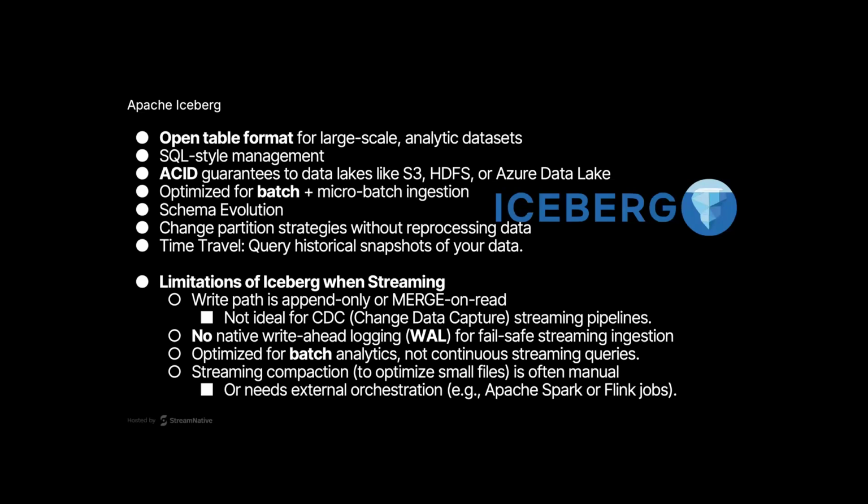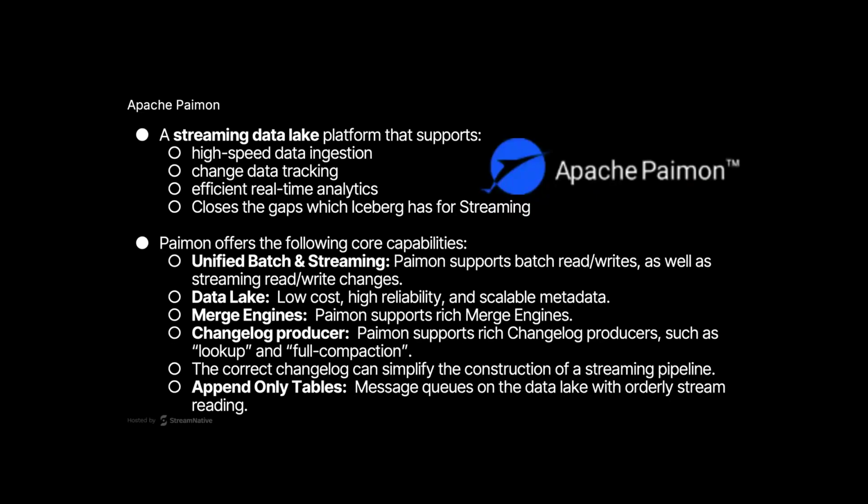So to cover the gaps in those limitations, that is where Apache Paimon came in. So Apache Paimon is again another open table format which supports high-speed data ingestion and change data capturing, which enables efficient real-time analytics. It closes the gaps which Iceberg has for streaming. For example, it is a unified batch and streaming platform.